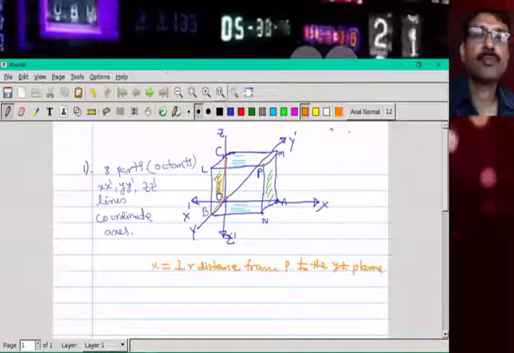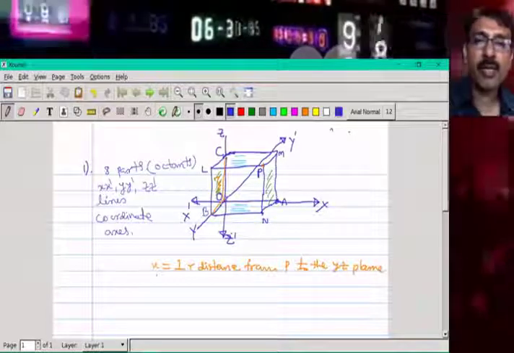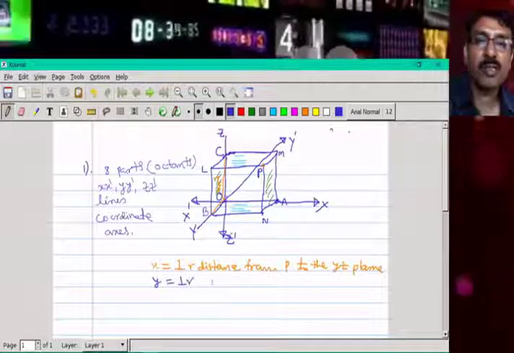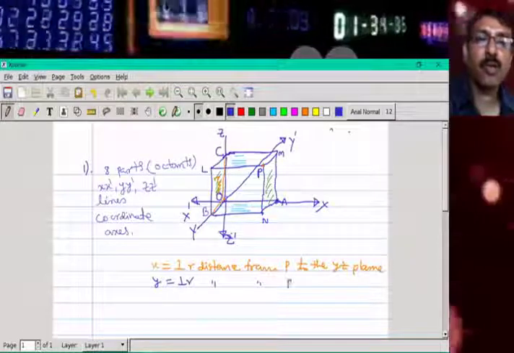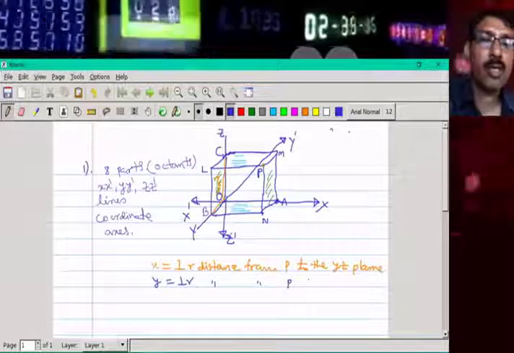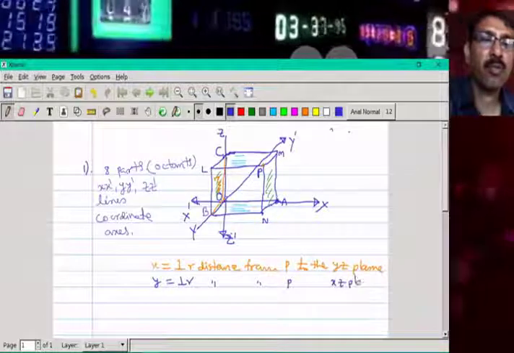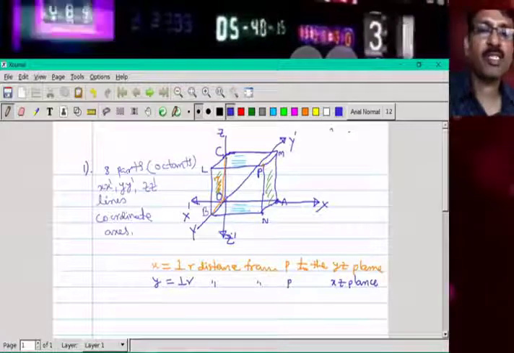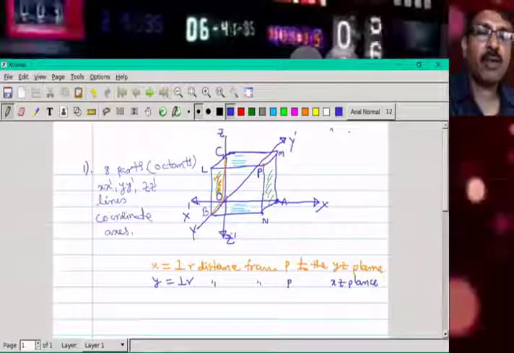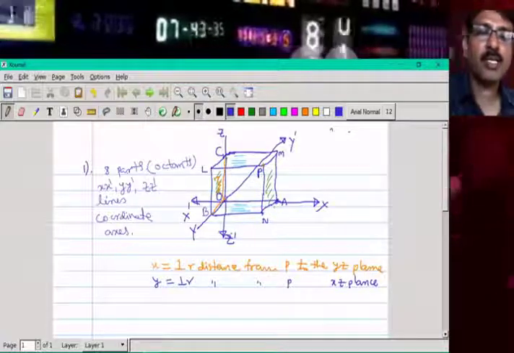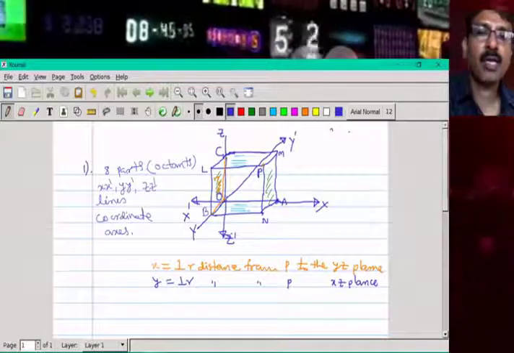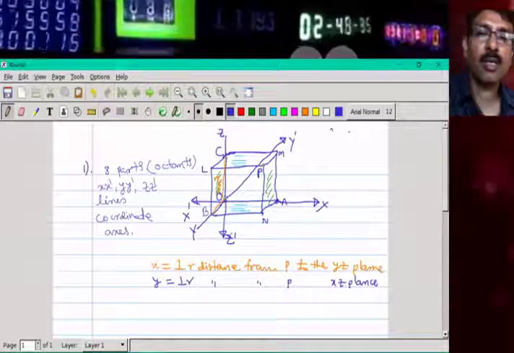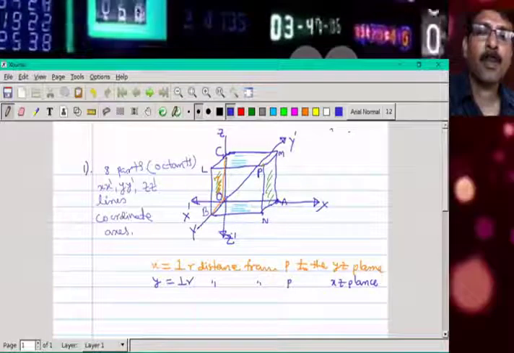Similarly, the y coordinate: y is equal to the perpendicular distance from P to the xz plane. Where is the xz plane? The xz plane is formed by the x axis and z axis.